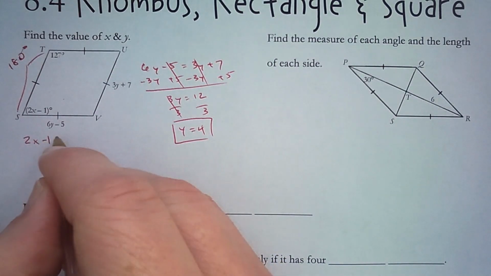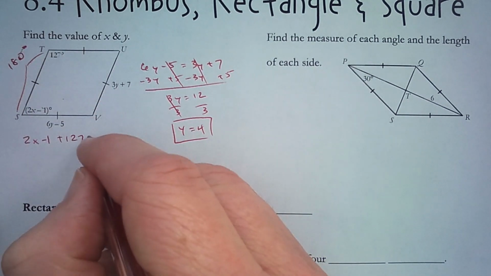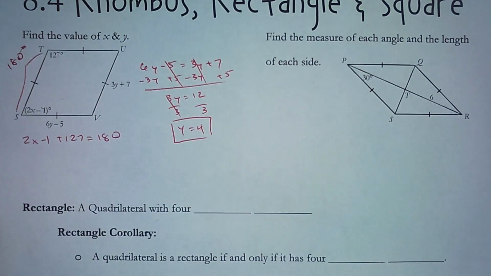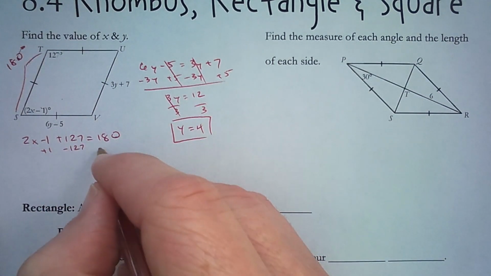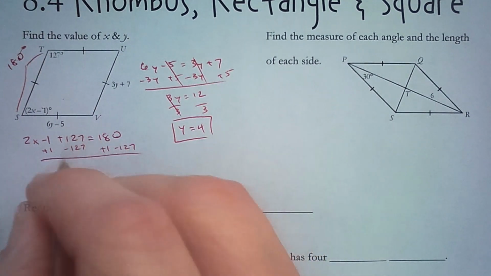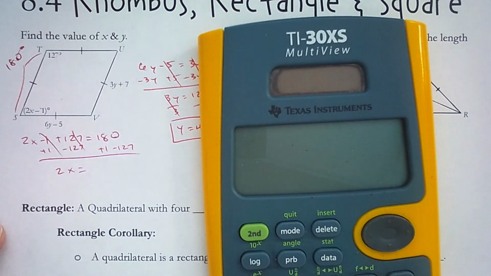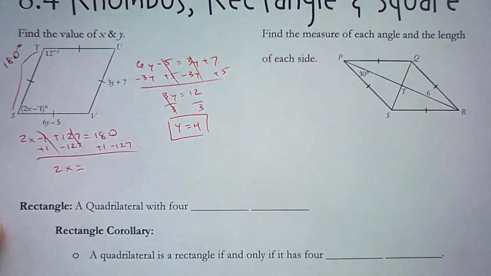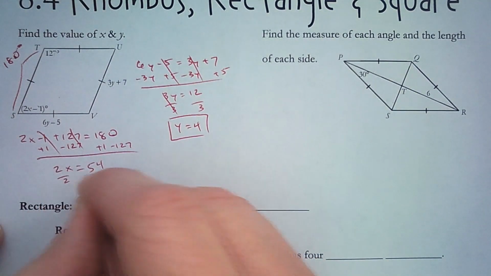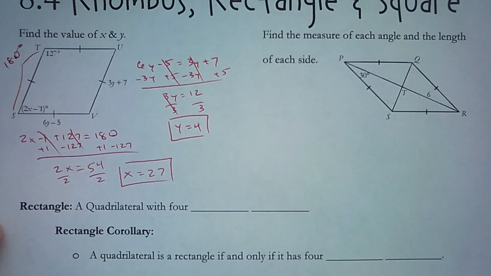So that means 2x minus 1 plus 127, so these two angles added up together would make 180 degrees. So I can add this 1 and subtract this 127 and get 2x equals 180 plus 1 minus 127 is 54. And I can divide both sides by 2, and 54 divided by 2 is 27.